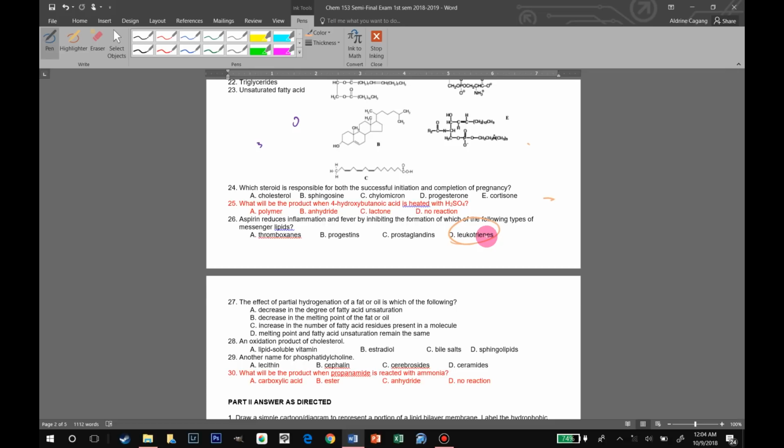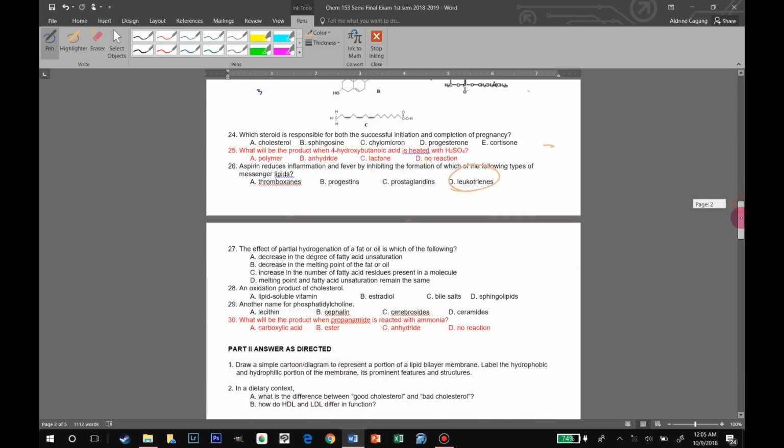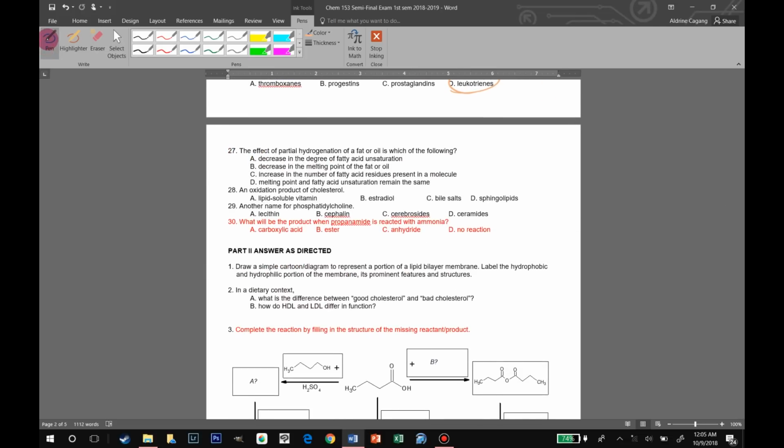Number 27. The effect of partial hydrogenation of a fat or oil is which of the following? So in the hydrogenation of fats, say for example, if you have a fatty acid that contains a double bond, it's going to most likely be a cis double bond.